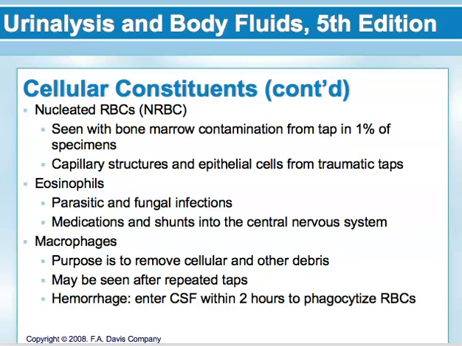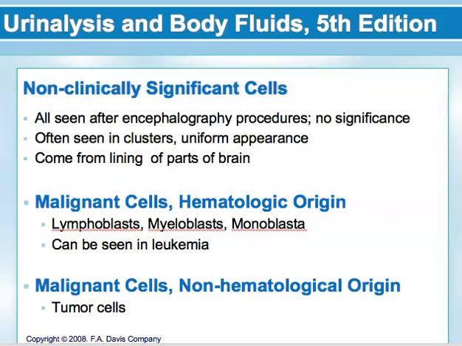Macrophages, their purpose in our body is to remove cellular debris and foreign objects. They can be seen following repeated taps or a previous hemorrhage. They can look like a mono, but they're going to have more cytoplasm. Some non-pathologically significant cells usually are going to be seen after diagnostic procedures.